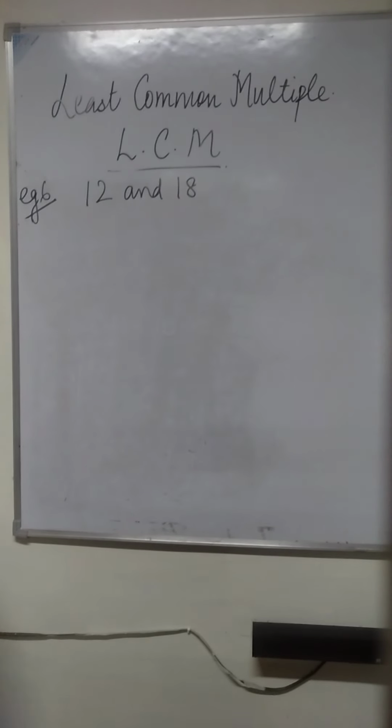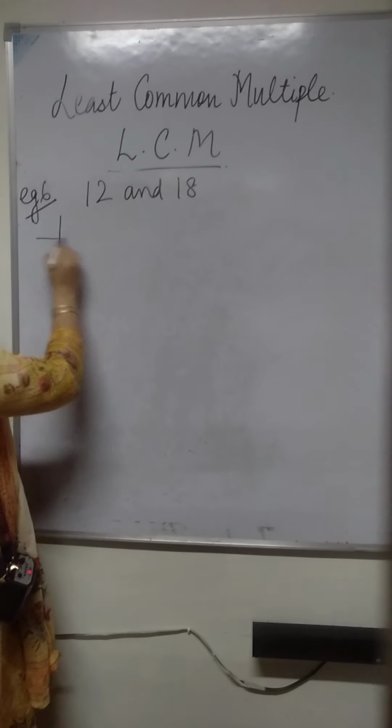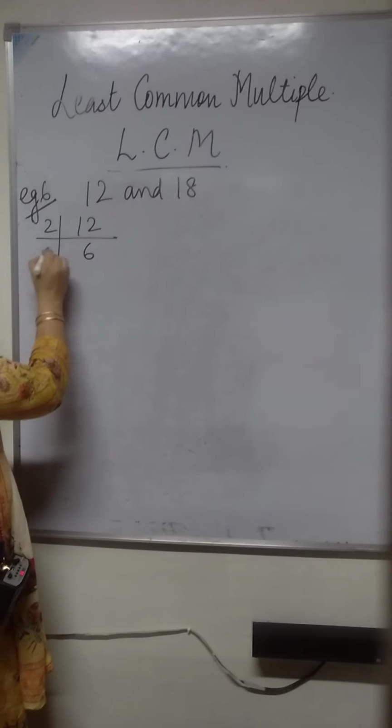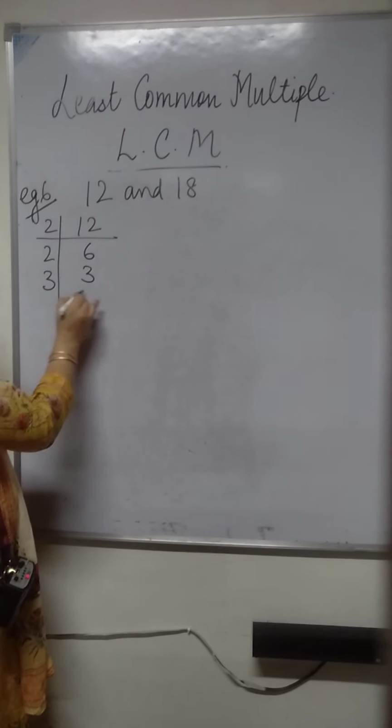Now we can check example number 6. Herein we have to find the LCM of 12 and 18, but here I am going to use another method wherein we are going to use the prime factorization of the two given numbers separately. Now I am doing the prime factorization of 12 separately and 18 separately. 2 6s are, 2 3s are and 3 1s are.